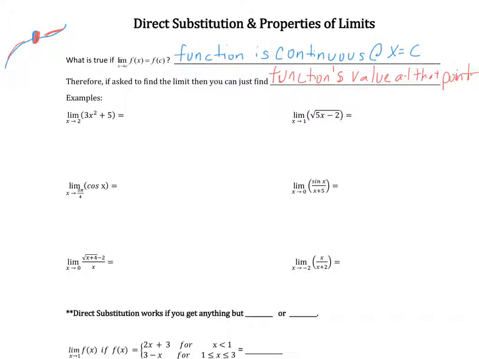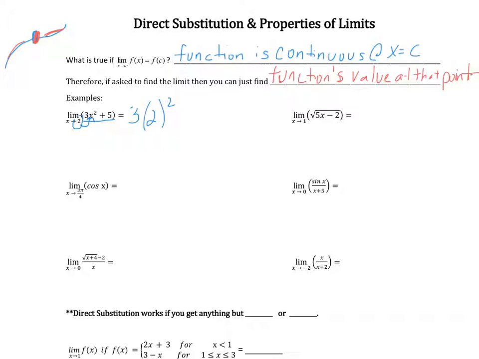So now, do you have to draw the graph to see if it's continuous? Hopefully you'll know that in your head. For example, this first one, the function 3x squared plus 5, is a polynomial. Polynomials are always continuous. So you're just basically going to find f of 2, by plugging this 2 in for x, hence being called direct substitution.